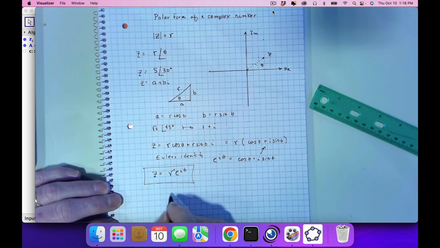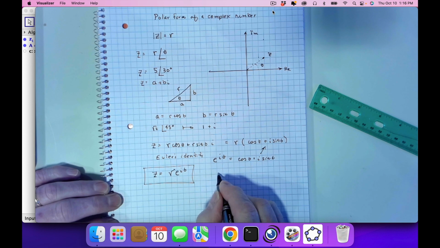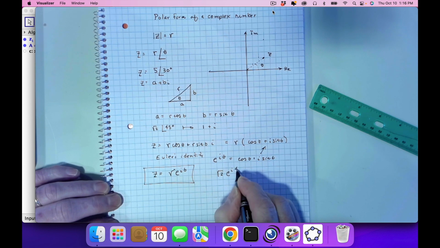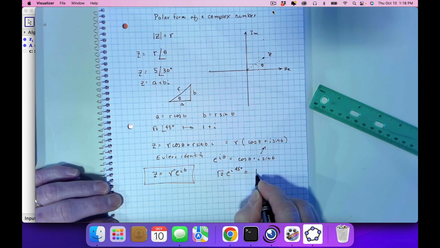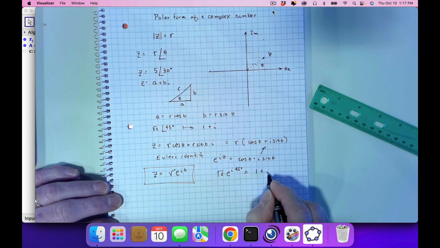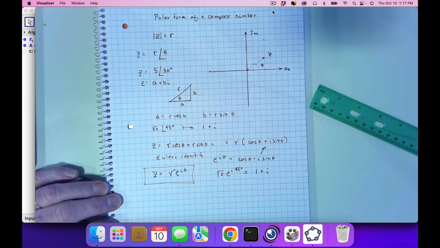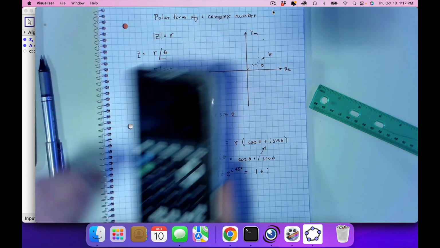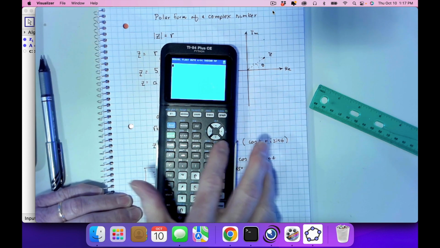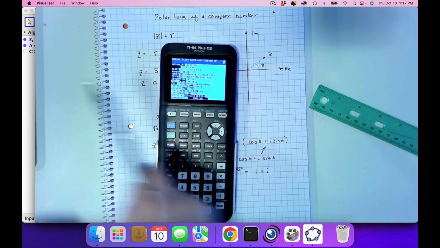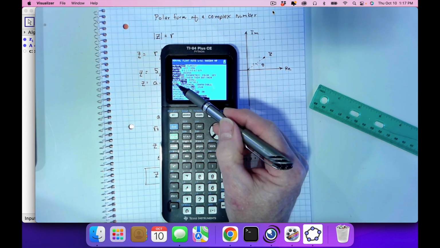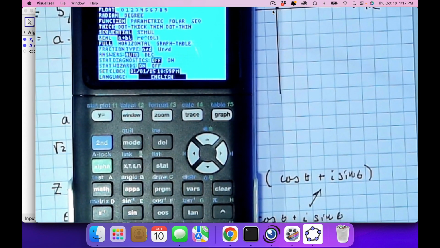Now, if you have square root of 2 times e to the i 45 degrees, that should be the same as 1 plus i. Let's demonstrate that on a calculator. So on our TI-84, if we go to mode, and when we're dealing with complex numbers, we can make our default representation, and let's zoom in here.